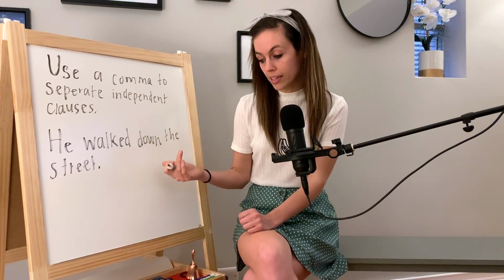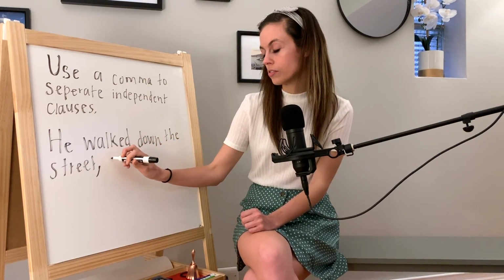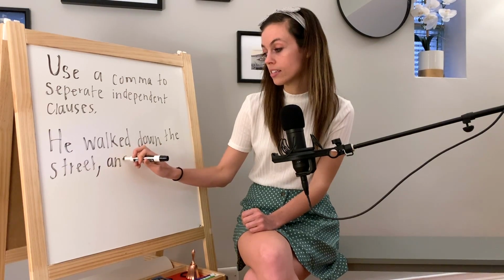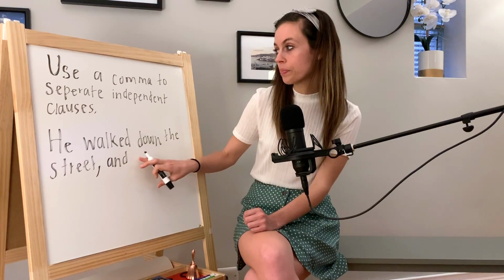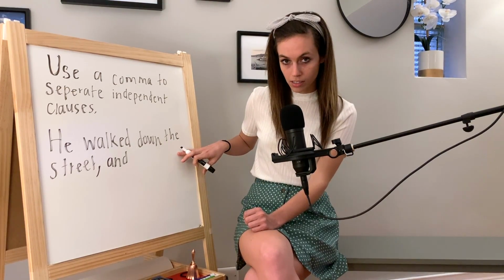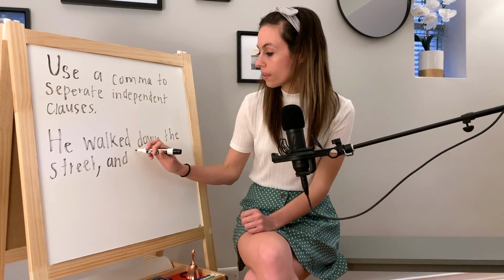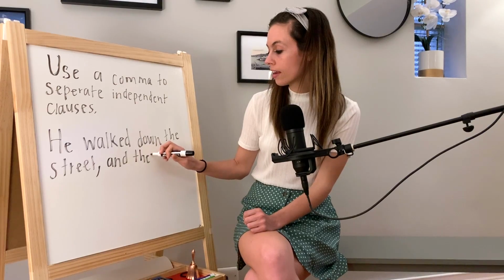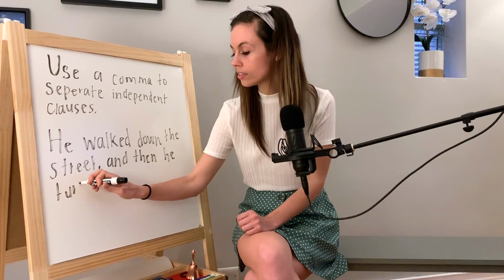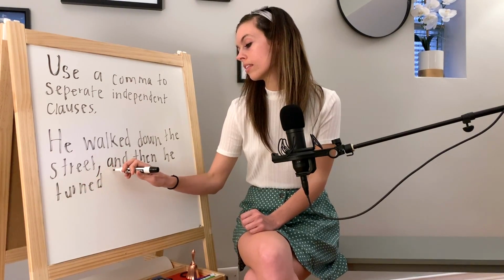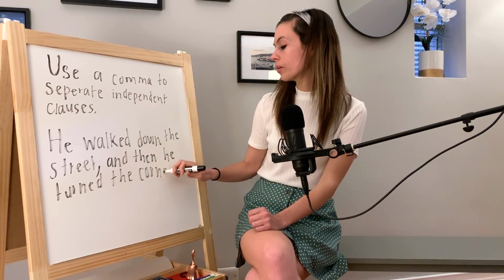Okay, but if I want to add something to the sentence, let's say I use the conjunction and, I need to put a comma before the and then I can say my other part of the sentence, so my other independent clause. Then he turned the corner.